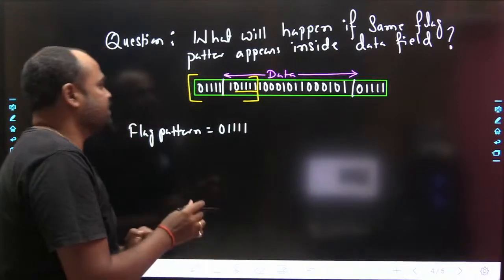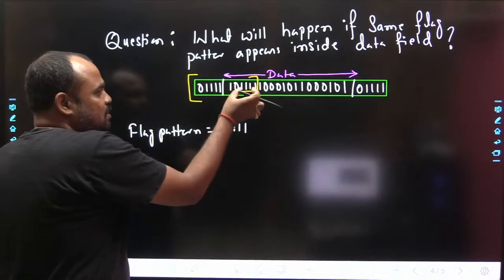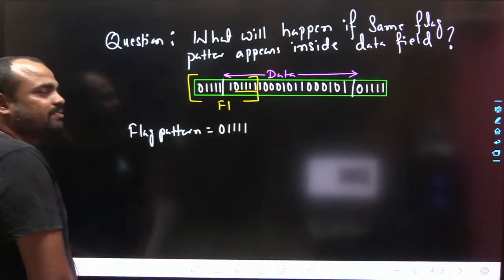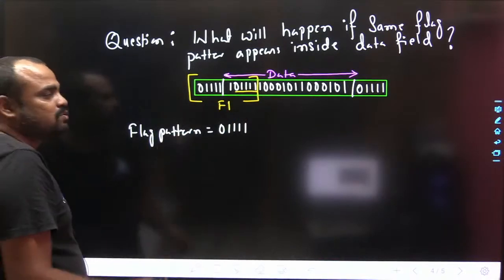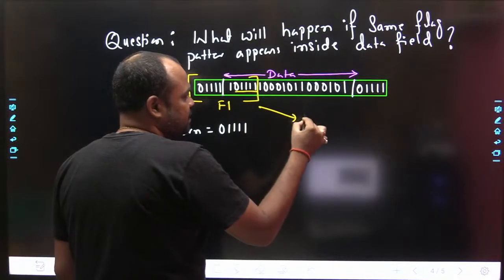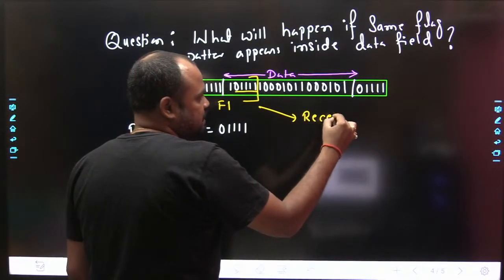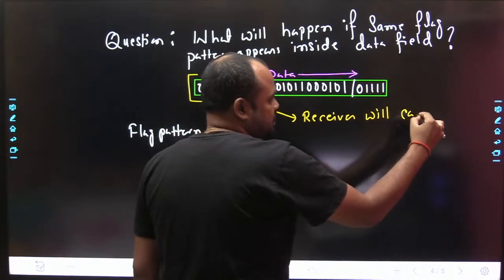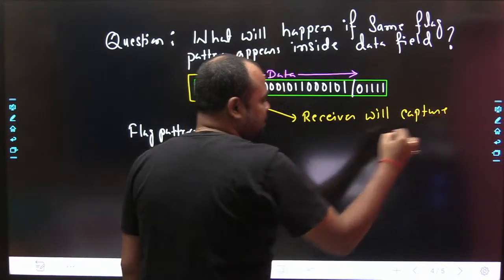So just see over here, flag, and there is also a flag, so this will be captured as a frame, that is frame number 1. Is it correct? So in this situation, what is happening? The receiver will capture the wrong frame.